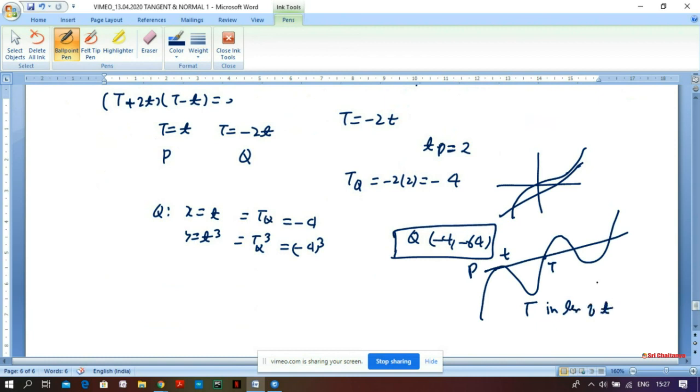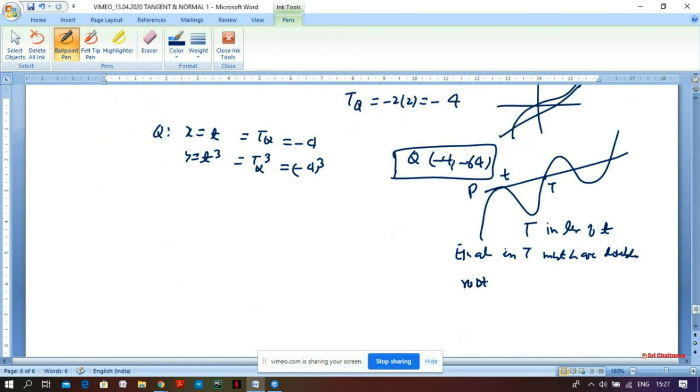And you note that this equation in T must have double roots at t, and that will shorten your work. You can quickly get to the point.